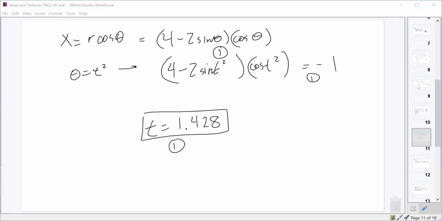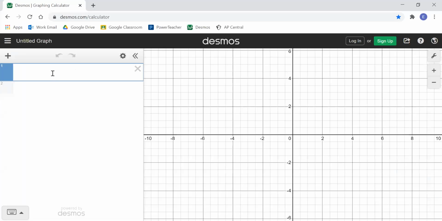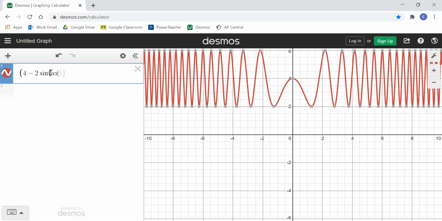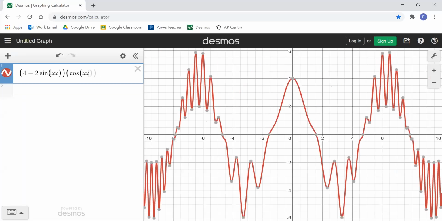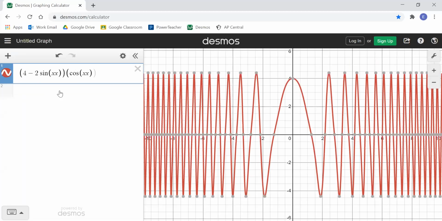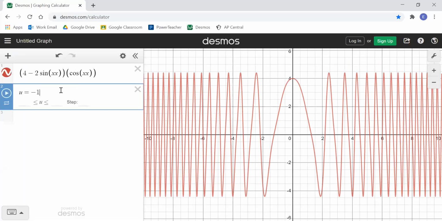And I know I don't have a functioning graphing calculator other than Desmos. Desmos makes it a little unfair, but 4 minus 2 sine x squared times cosine of x squared, and y equals -1.